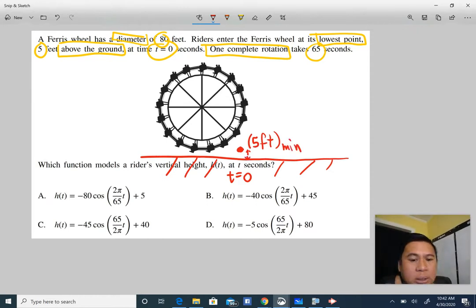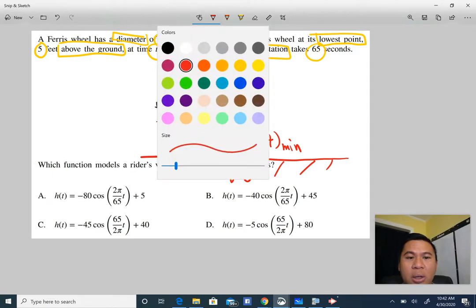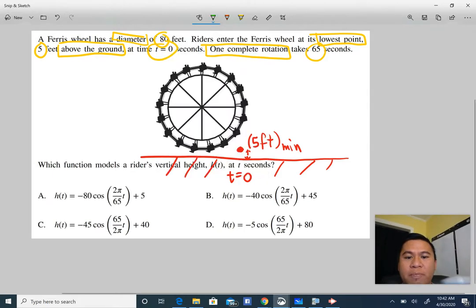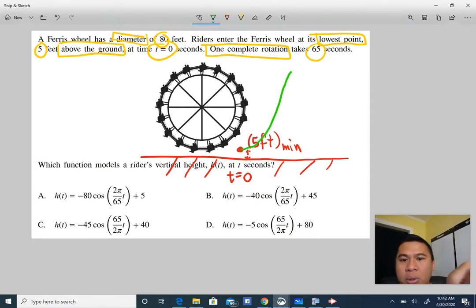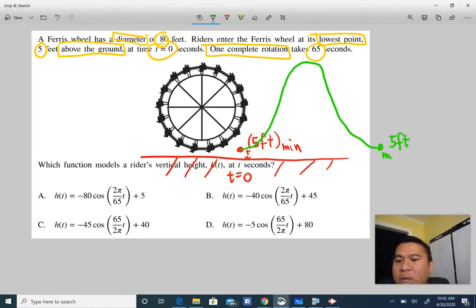After that, the path of the Ferris wheel looks like a negative cosine function, and then it goes down again here with a 5 feet minimum again.